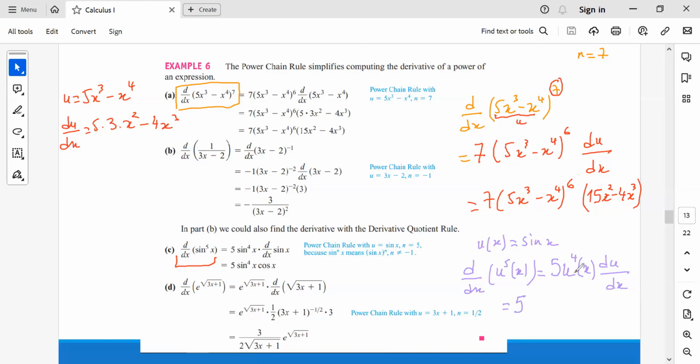We replace u by sine x: 5 sine to the power 4 of x, and the derivative of sine x with respect to x, du with respect to x, is cosine x. So times cosine x, and we are done.